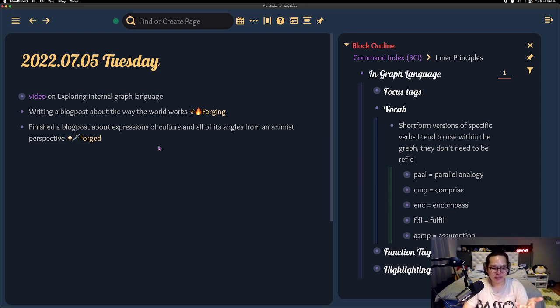So instead, what I do is I've shortened it, in the realm of an in-graph language, a language only for myself, to very short forms of that sentence or that phrase.